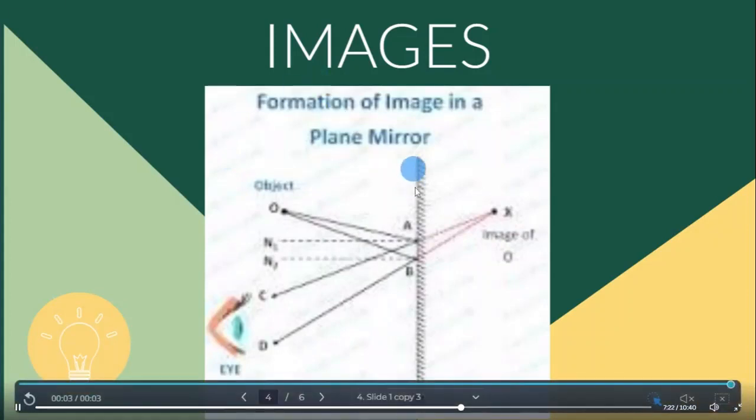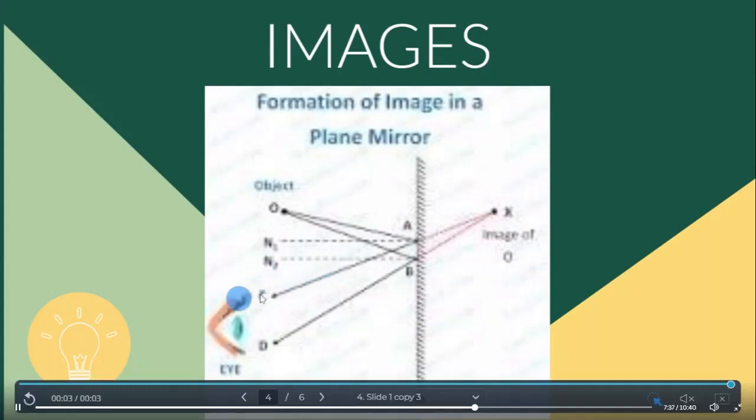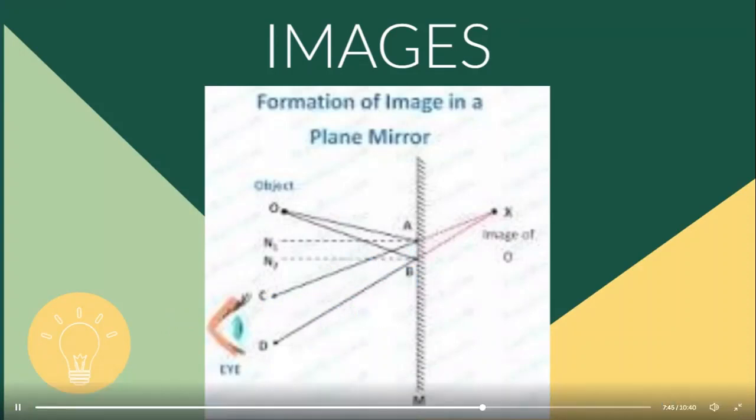We know this because if this is the plane mirror, this is the incident ray. There are two, as you can see, and then they get reflected. You have two different reflected rays, and you can see that they both are diverging. They're not coming together, not converging. They both are diverging away from each other. So we know that they're not going to intersect, but we still see the image in the mirror, right?